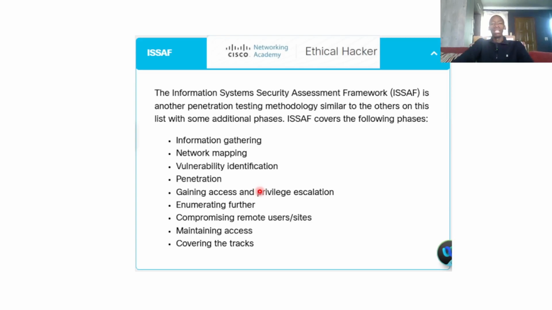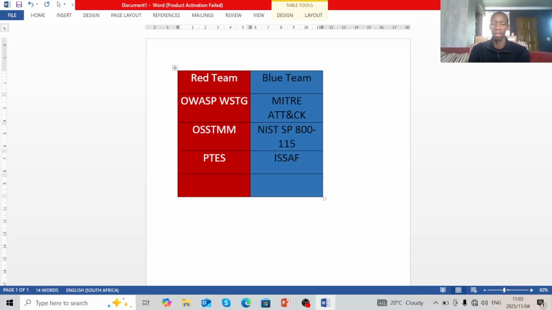Now this one is the in-between one. This one sits in between both attack and defense, where I guess it's best for defense in terms of now you understand your network, you understand the information you have in the vulnerability areas, then now you can maintain the access and cover the tracks, okay.